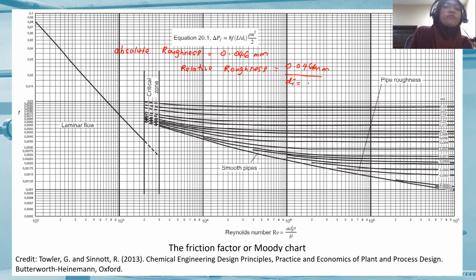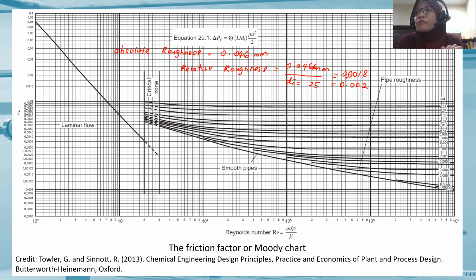From this we will get 0.018, so I'm going to round up to 0.02. Okay, so this is our relative roughness.